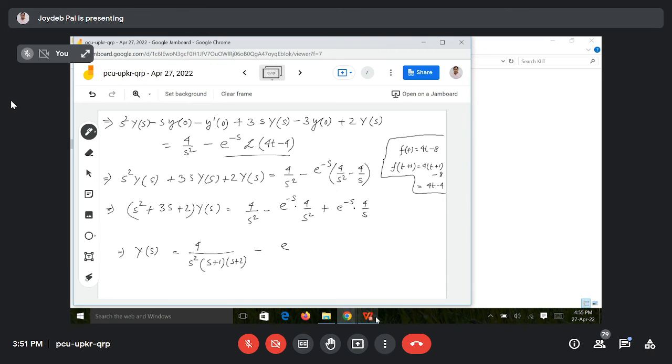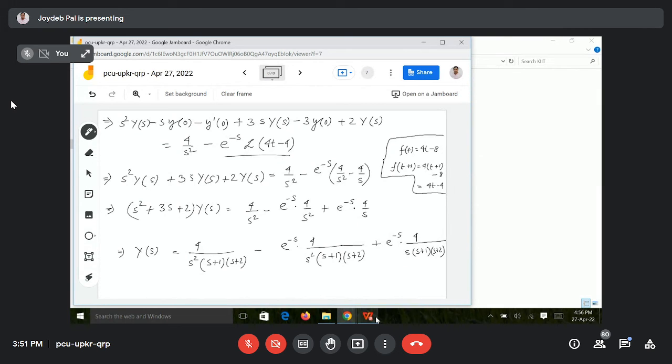Minus e to the power minus s into 4 divided by s squared (s plus 1)(s plus 2), plus e to the power minus s into 4 by s (s plus 1)(s plus 2).